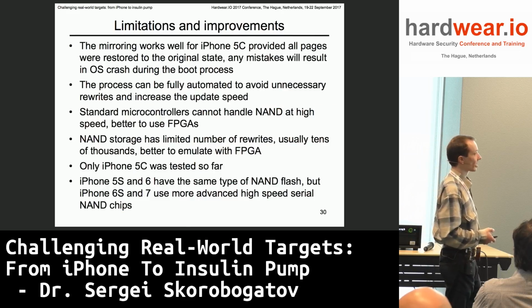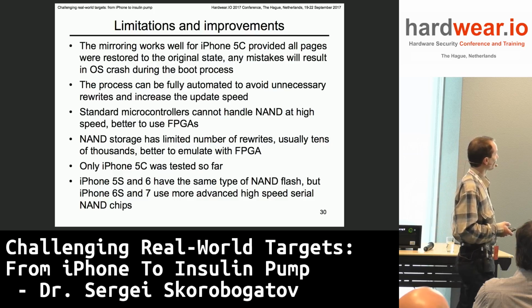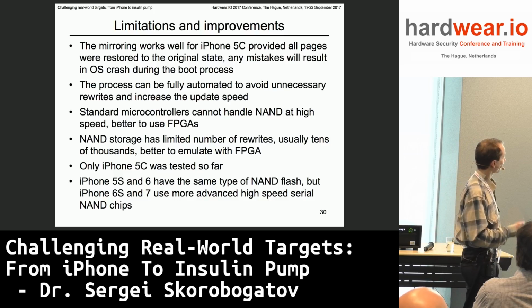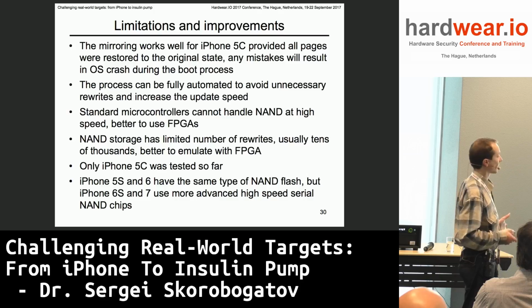There are certain limitations to this approach: it only works for the iPhone 5C, and the process can be fully automated to speed it up.